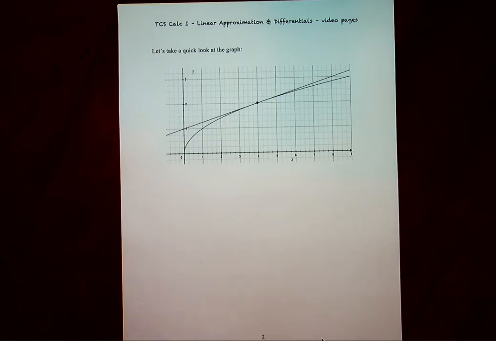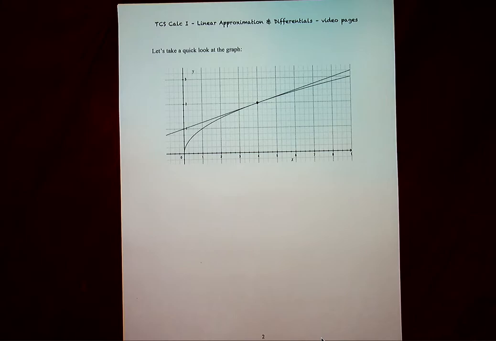But keep looking. You may also notice that near the point of tangency, the curve is almost indistinguishable from the tangent line, meaning that it's so close, the tangent line is so close to the curve that it actually looks like it might have very similar outputs. Now that actually becomes pretty handy, okay?